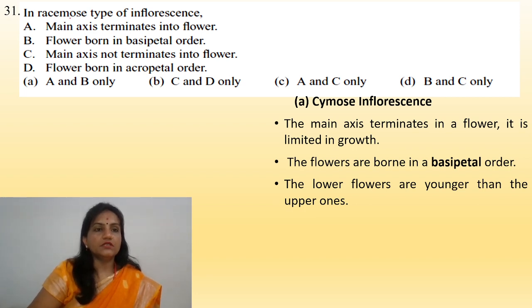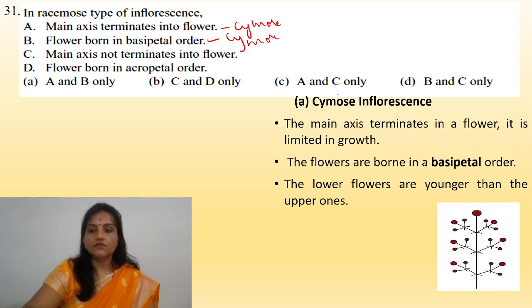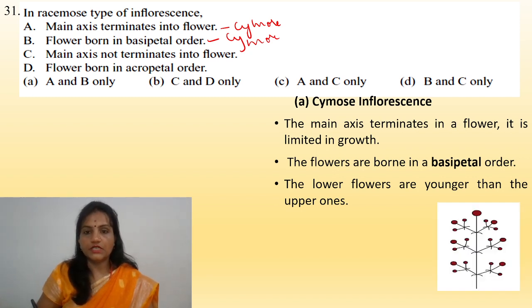We have previously discussed the racemose type of inflorescence. Main axis terminates into flower, it is in case of cymose. Flower borne in basipetal order, it is in case of cymose. Here you're seeing the example of cymose. This is the main axis. You can see here it is terminating, ending with a flower.